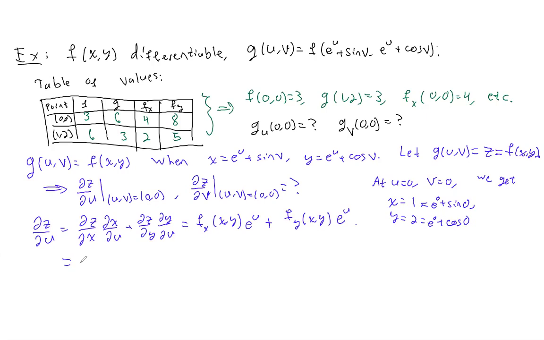So in other words, what this really becomes is f_x at (1, 2) times e to the 0, plus f_y(1, 2) times e to the 0.